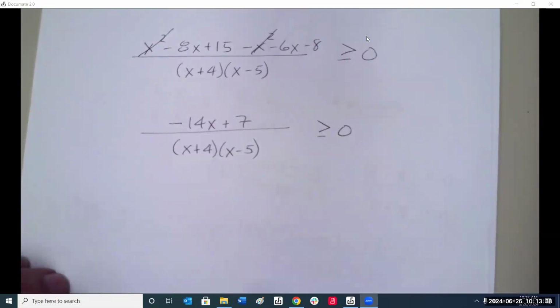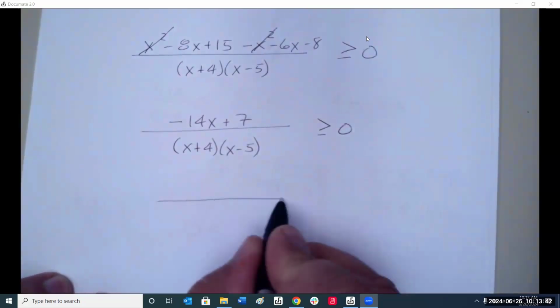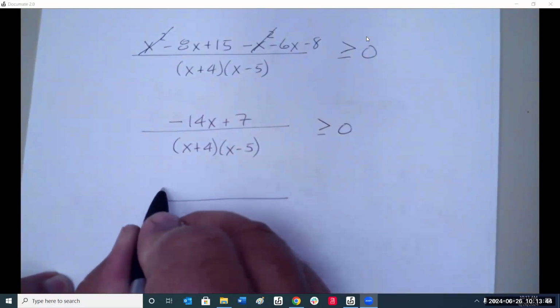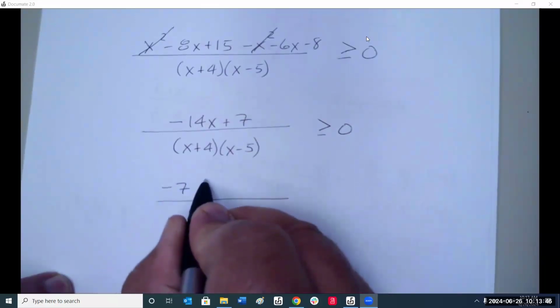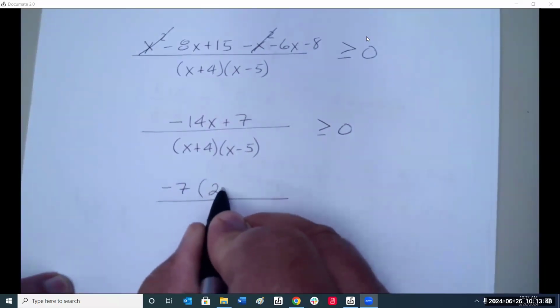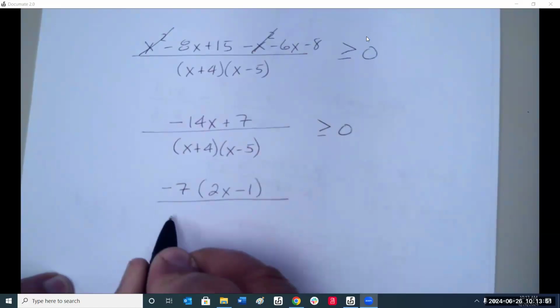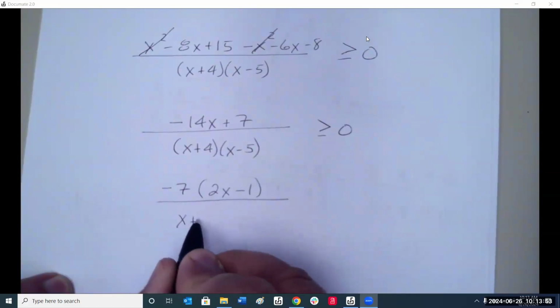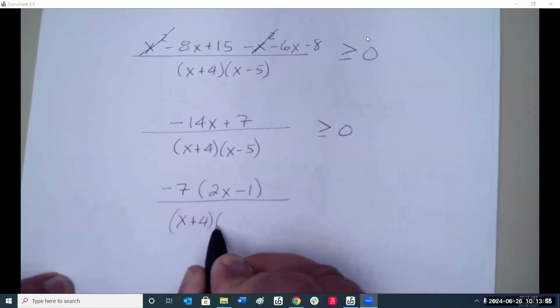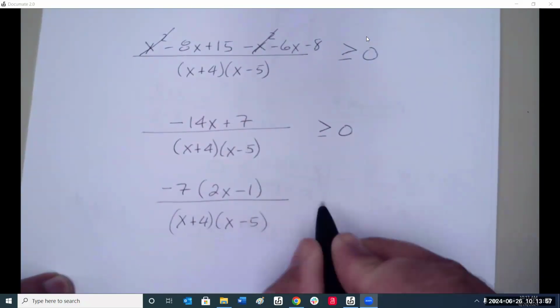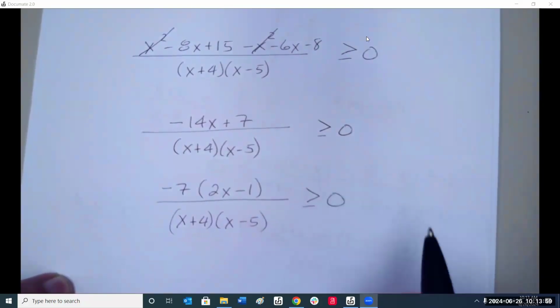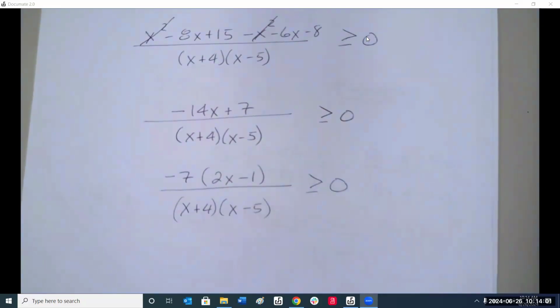Well, no, we can factor out. On the top, we can factor out a negative 7, which will give us 2x minus 1, because they both have a 7 in common. So we take out the negative.